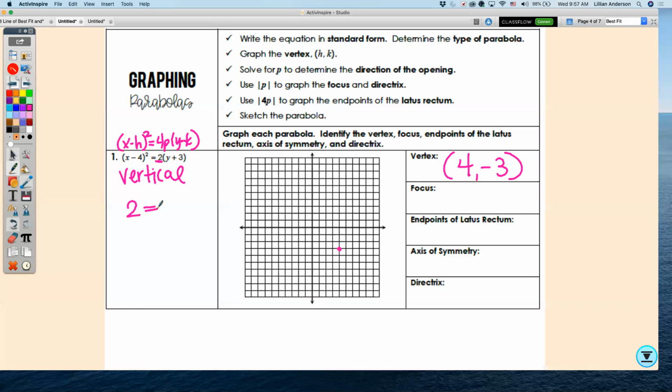So 2 should equal 4p. When I solve for p, I see that p is going to be equal to 1/2. Since P is positive, is this going to open up or down? It's going to open up.